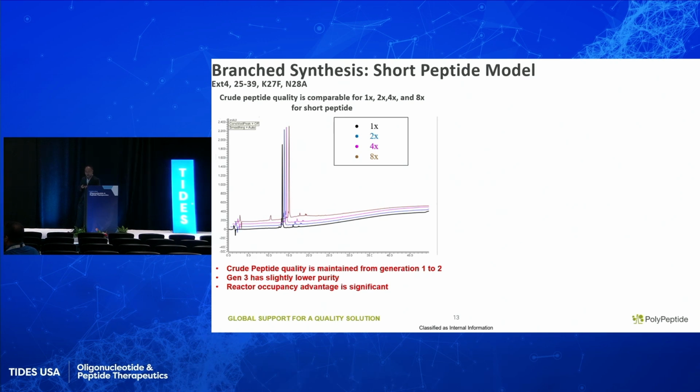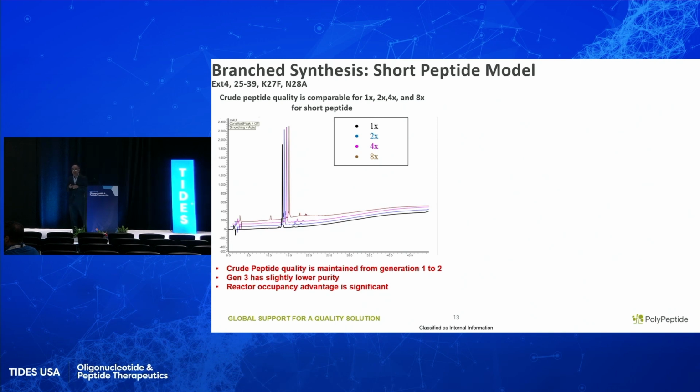And the first generation branch construct, indicated by 2x in blue, you do not see much degradation. I would look at this and say this is more or less the same.